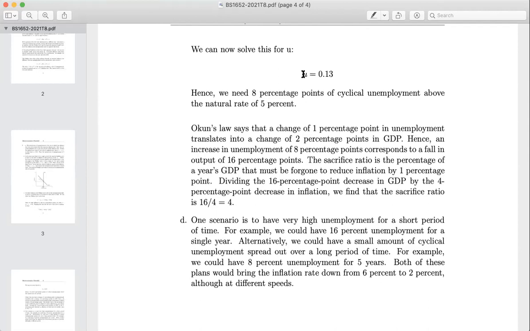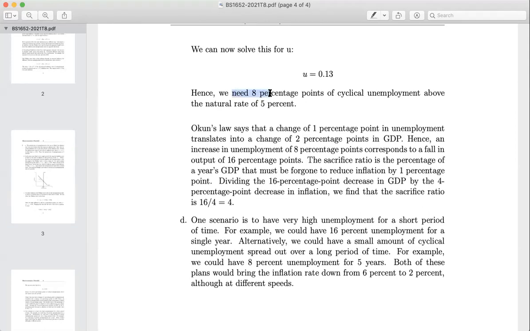When we reduce inflation by 4%, we find that the unemployment rate is 13%, and the natural rate is 5%. So the difference between 13%, the actual unemployment, and the 5% natural rate is the cyclical unemployment, which answers the question.